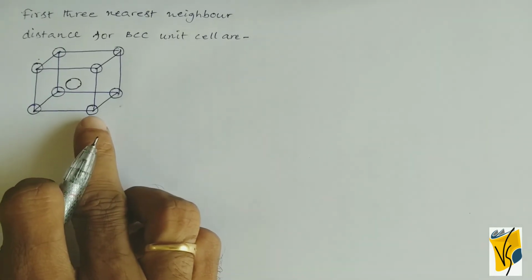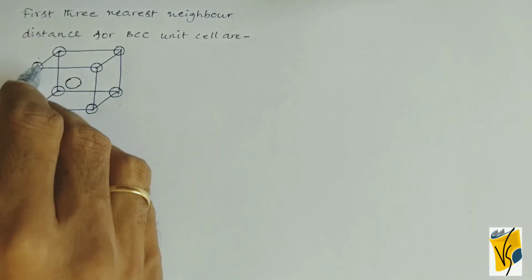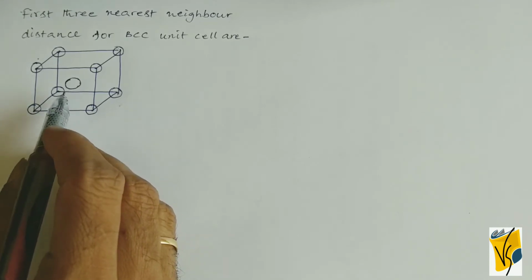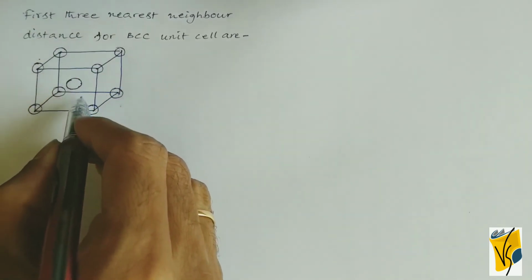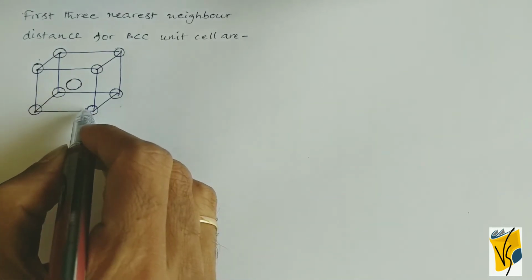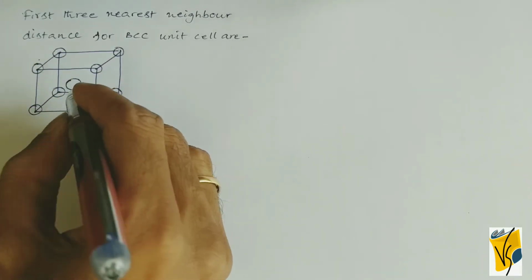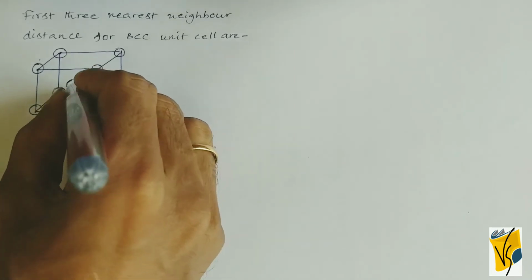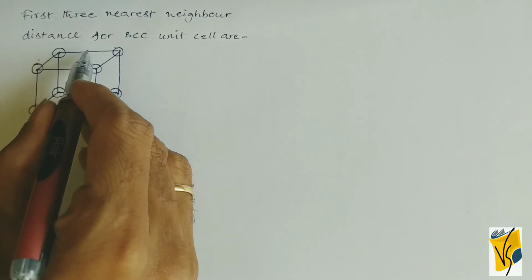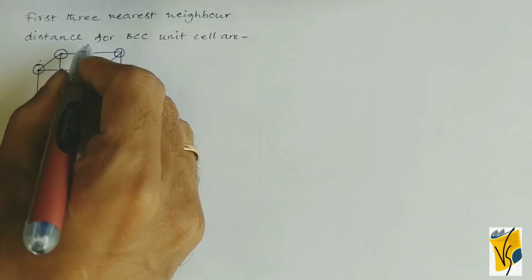This is a body-centered cubic structure, and here one atom is at the center, 8 atoms are there in the corners, and the first nearest neighbors are along the body diagonal, right? So these two are the nearest neighbors. So this distance we have to calculate. The second nearest neighbors are present along the edge, so that means we have to find the edge length.